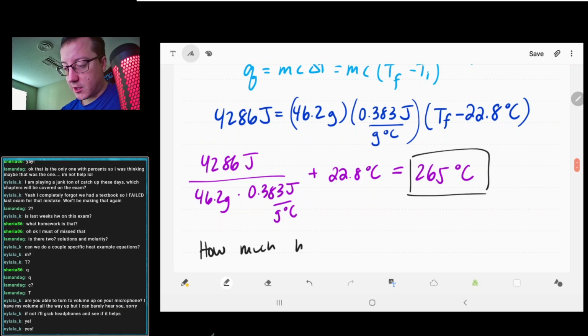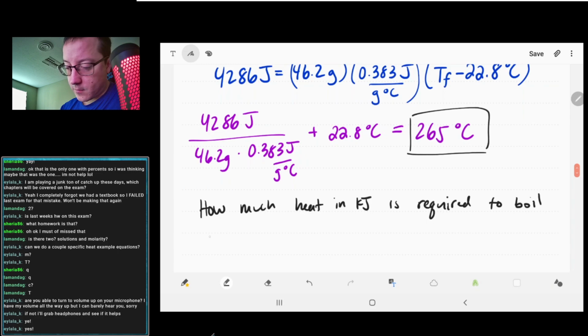How much heat in kilojoules is required to boil 75 grams of acetone?